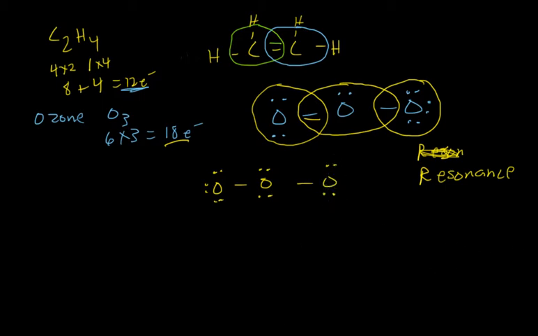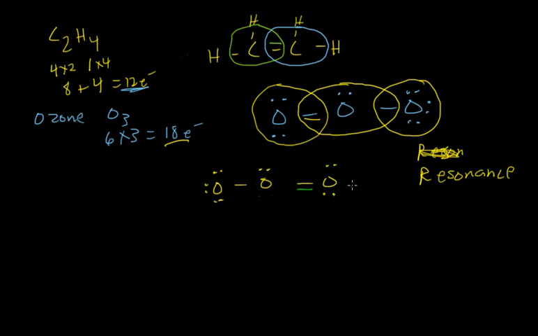So in this case, the oxygen in the middle is still going to be the nice guy, but instead of moving his electrons to the left as we did in the first example, this oxygen is going to move his electrons to the right. So now we've still got 2, 4, 6, 8, 10, 12, 14, 16, 18 electrons.